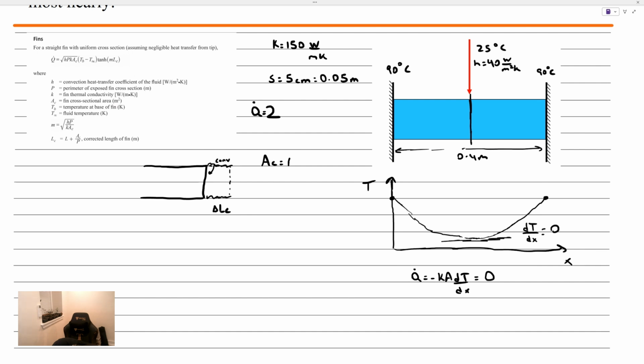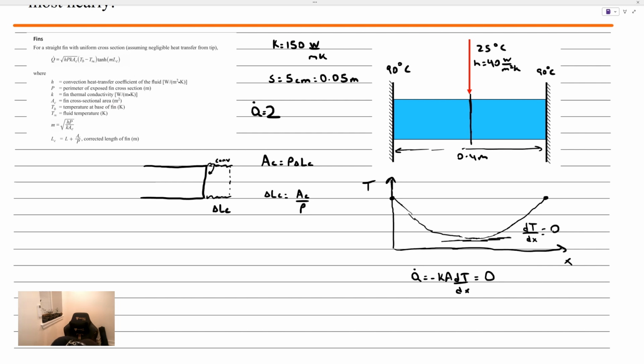So we would take the perimeter and multiply it by delta L sub C. So now the same amount of cross-sectional area that we originally had at the tip, we moved it to the outer surface. So that delta L sub C is equal to the cross-sectional area over the perimeter.